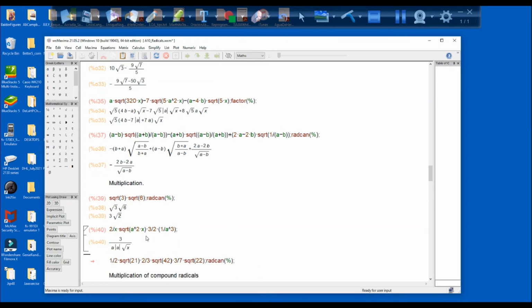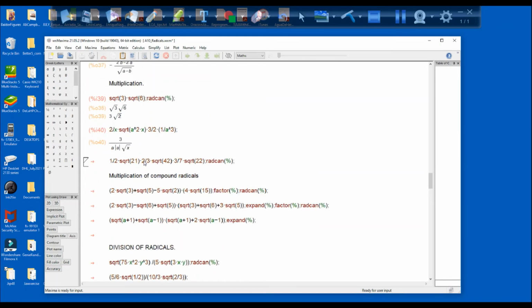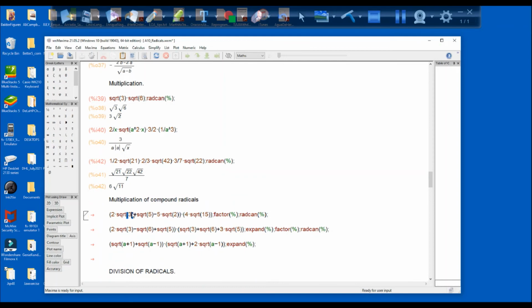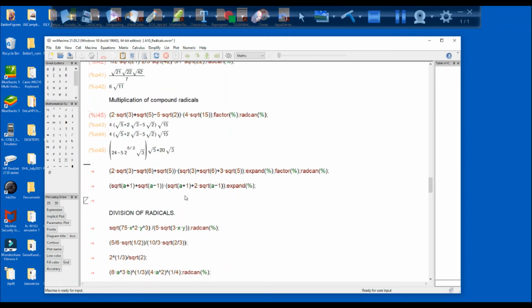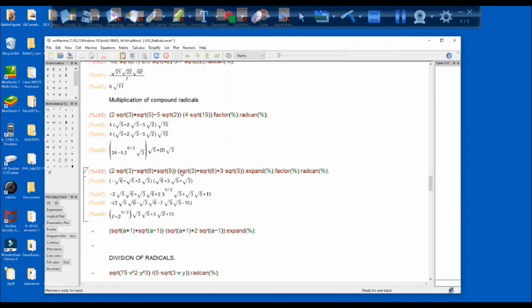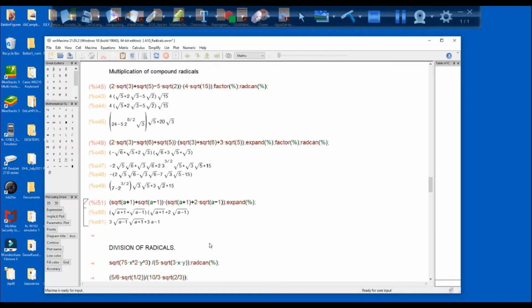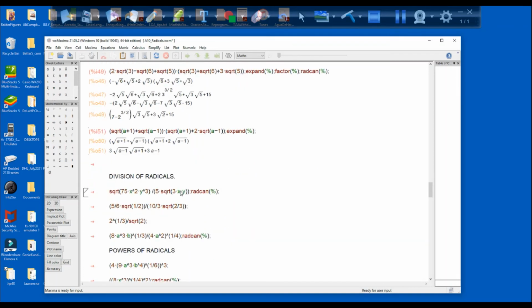Another multiplication here. Multiplying and simplifying with radcan. Multiplying compound radicals, it gives you this complex result right there. There's another one. Anyway, the idea here is that you can work out your radicals and let Maxima take care of the final results.